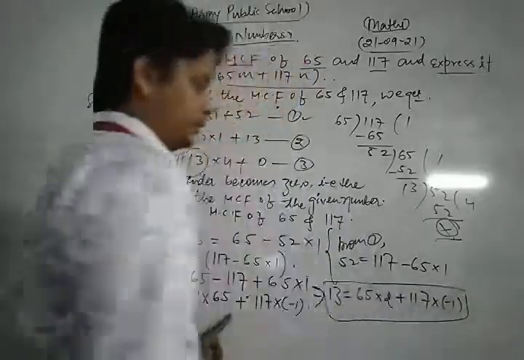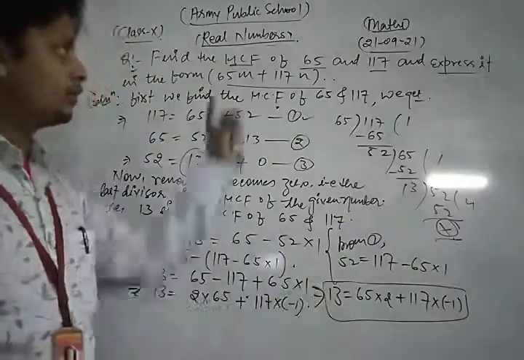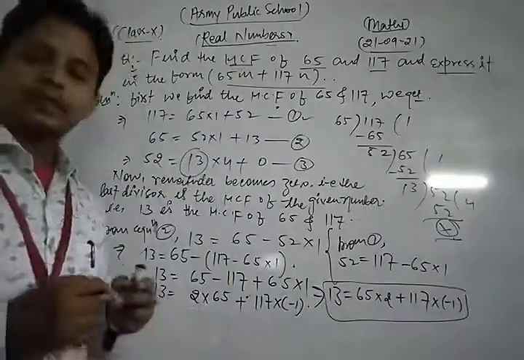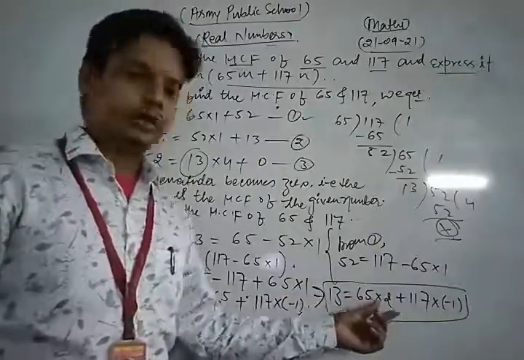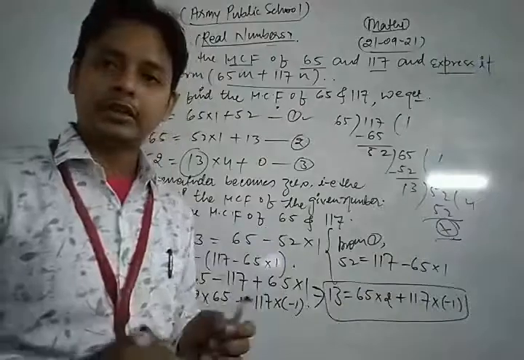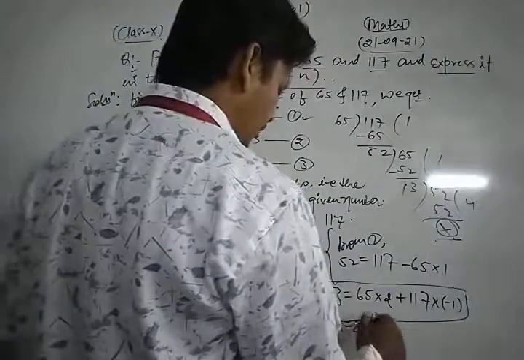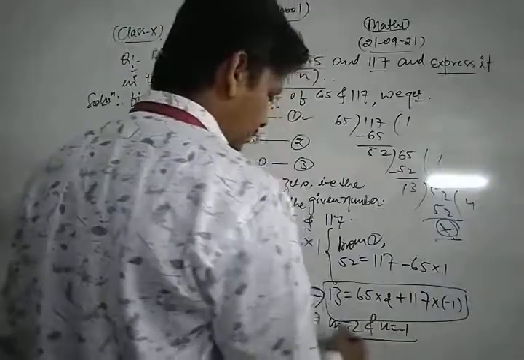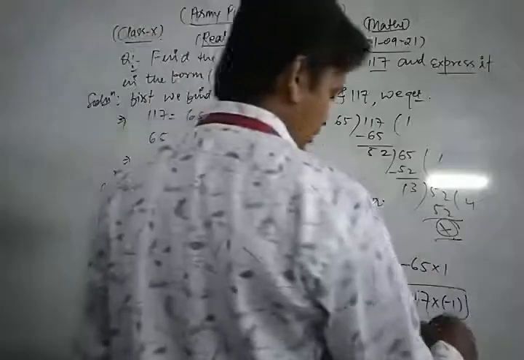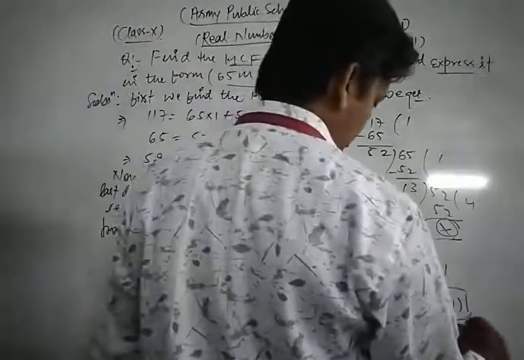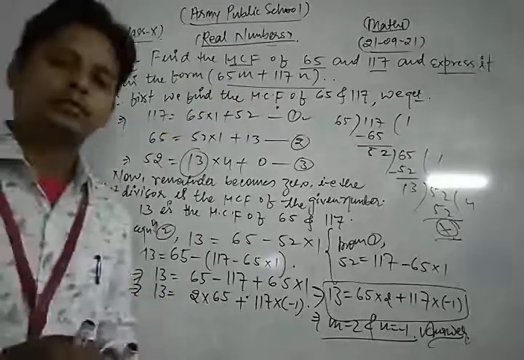So now we express the HCF of the two numbers in the form 65 into n plus 117 into m, where the value of n is 2 and the value of m is minus 1. So this is the required solution of the given question.